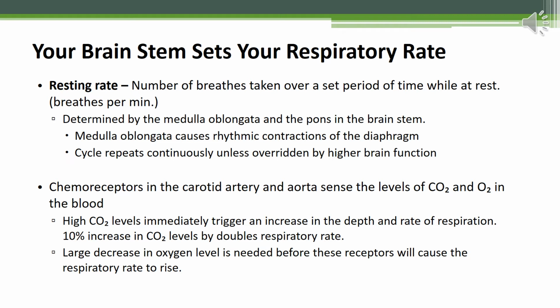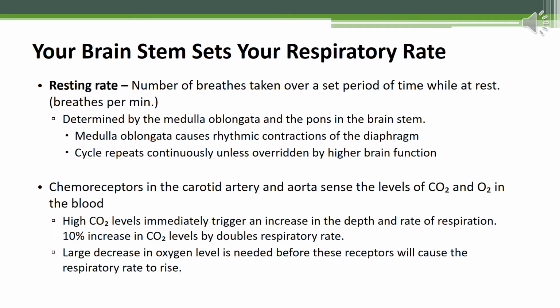The chemoreceptors in the carotid artery, which is in your neck, and aorta sense the levels of CO2 and O2 in the blood. When we're experiencing high CO2 levels, this immediately triggers an increase in the depth and rate of respiration.